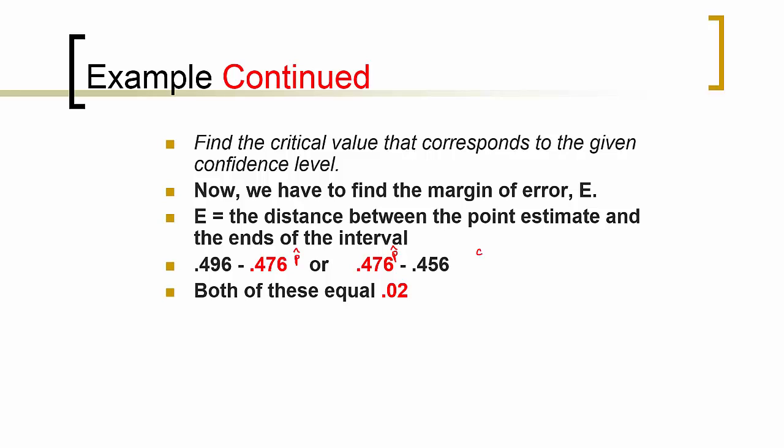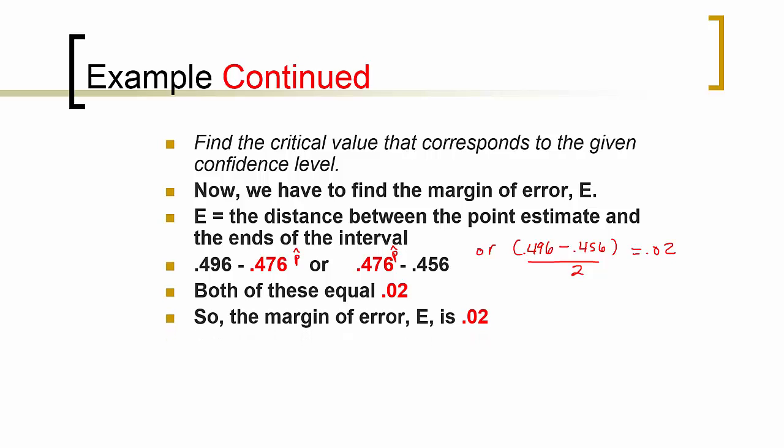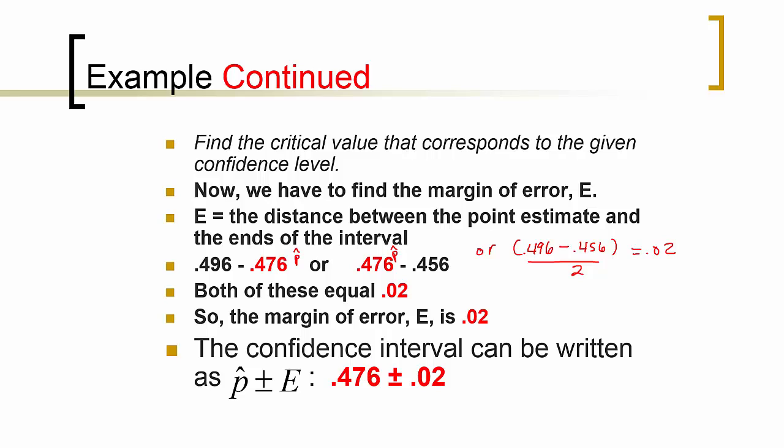Or you could take 0.496 minus 0.456 and divide by 2 to get 0.02. So the margin of error is 0.02. We can represent the confidence interval in the form of p hat plus or minus margin of error, and substituting our answers we get 0.476 plus or minus 0.02.